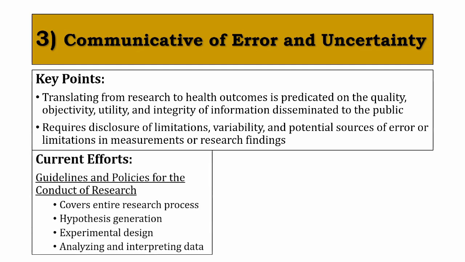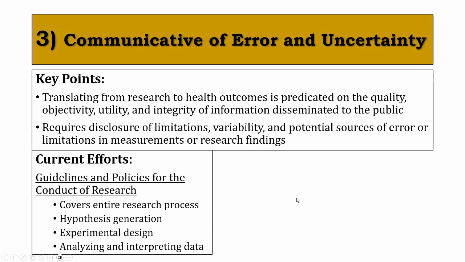So current efforts, big thing they have is the guidelines and policies for the conduct of research, which covers the entire research process. Make sure you know how to conduct research and communicate it, especially with things like hypothesis generation, experimental design, analyzing and interpreting data.